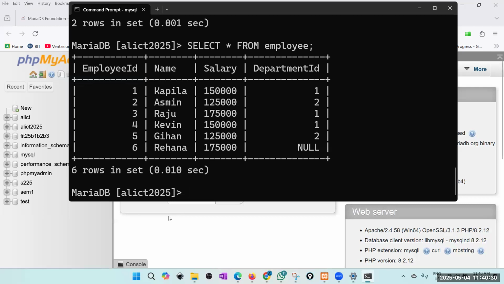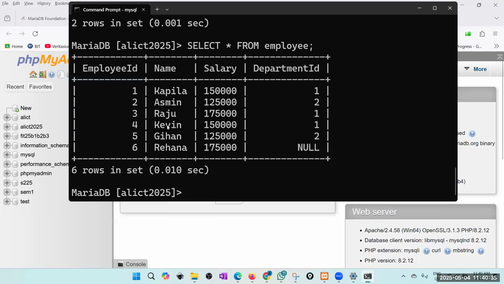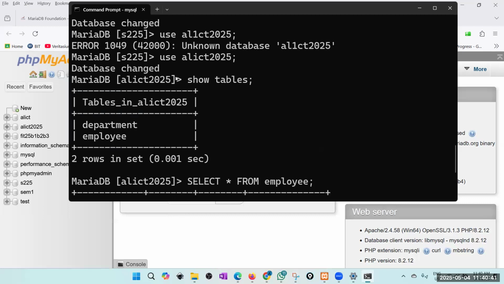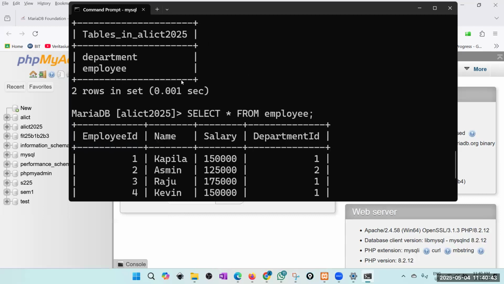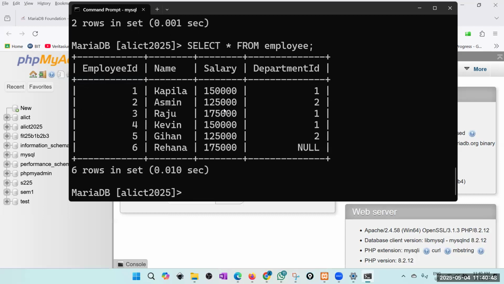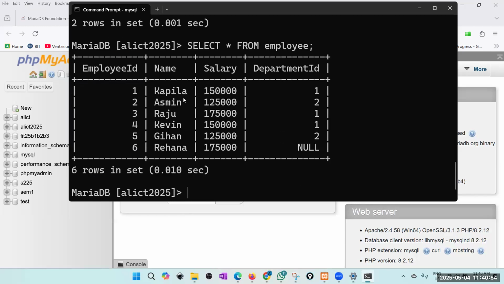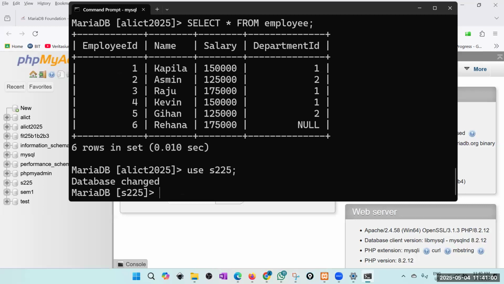Okay. Right. At any time you can change your database, because now I am in A-level ICT 25. So therefore I'll change back to S225. How to do that? Use S225, database changed.